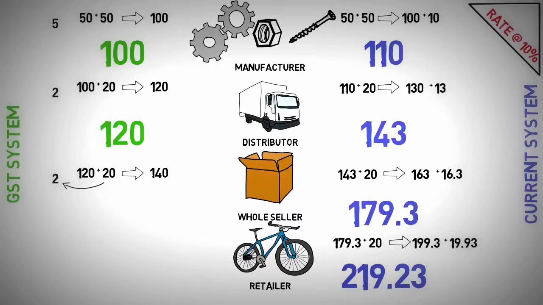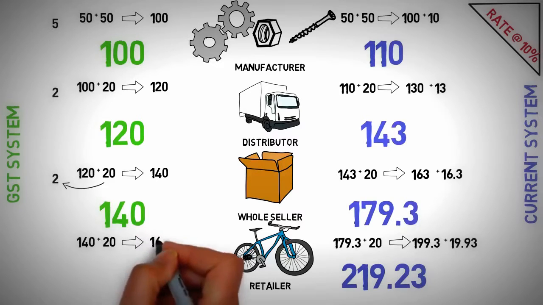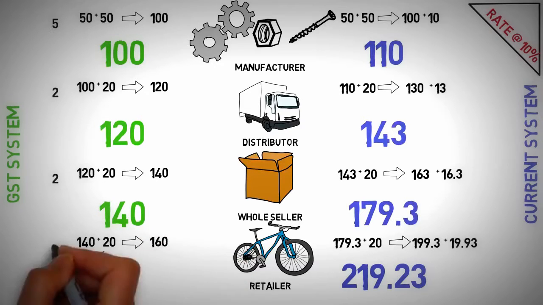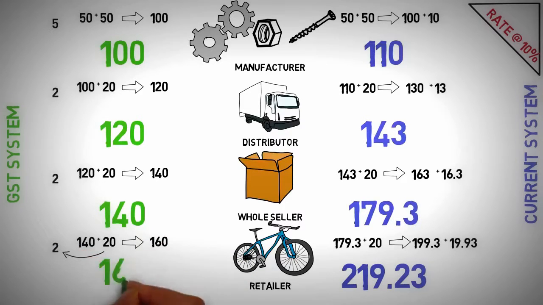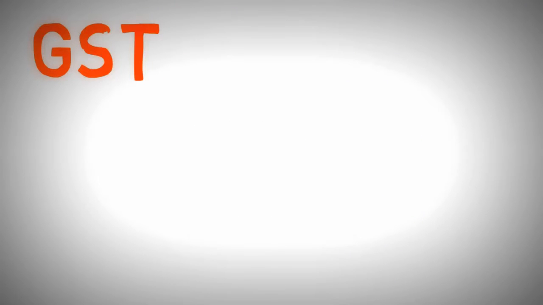The retailer buys the product for 140 rupees, adds a profit of 20 rupees, pays the taxes of 2 rupees on his profit of 20 rupees and raises the final consumer price to 160 rupees. So if the prices are compared, the product is 59.23 rupees cheaper in the GST system than the current system. Let's take GST in detail.